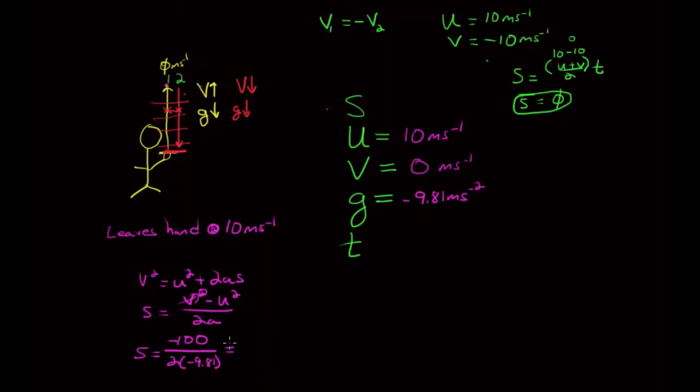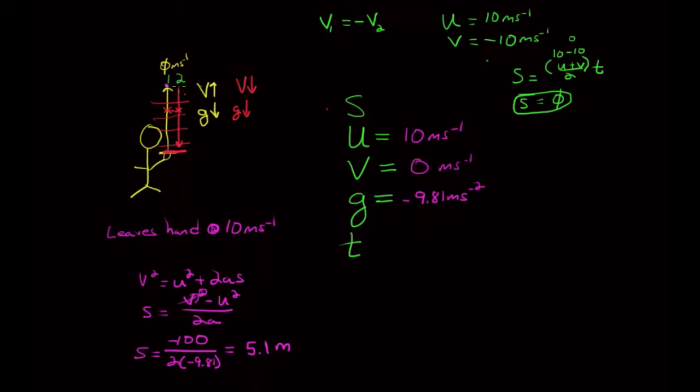And so the distance that it traveled up is 100 divided by 2 times 9.81. Sorry, I'm working on my calculator here. It is going to be 5.1 meters. Okay, so it went up 5.1 meters.